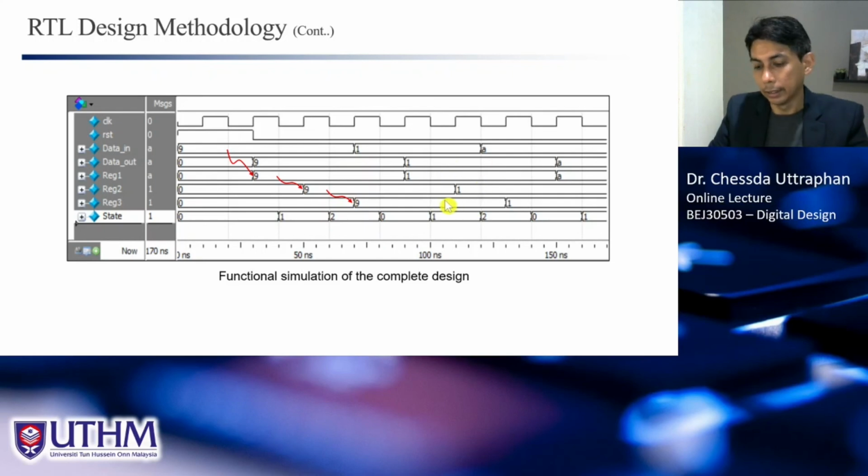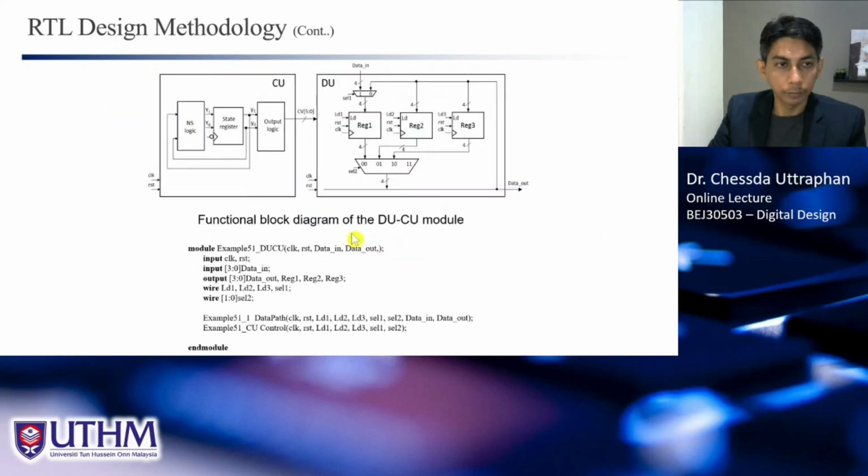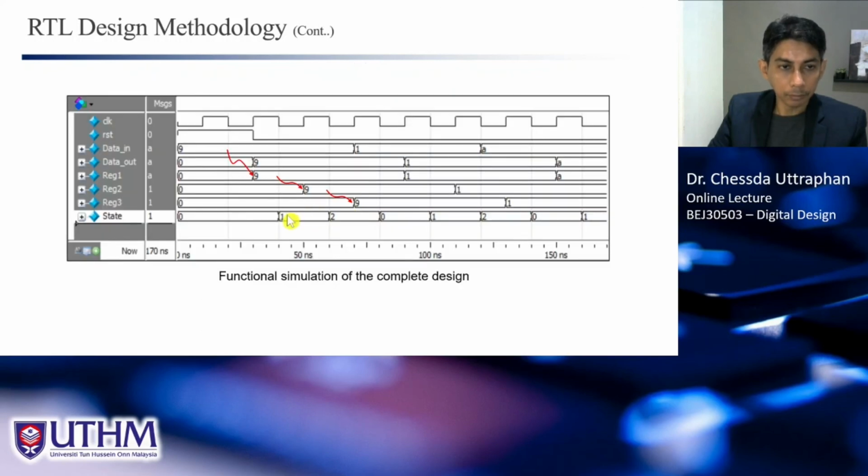Plus the attachment. Now come to the question: why do we use negative edge at the CU module? Here negative edge, but here is positive edge. The reason is that we want to change the state before we load the data into the register.